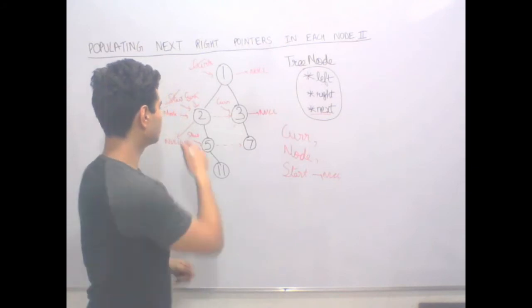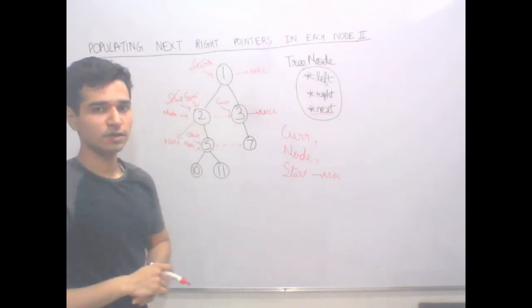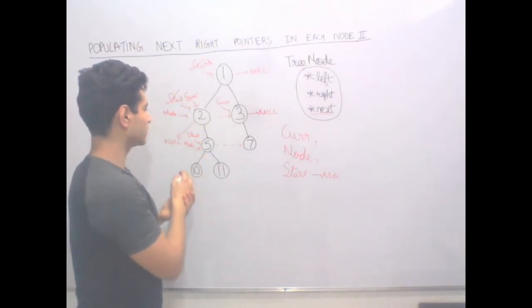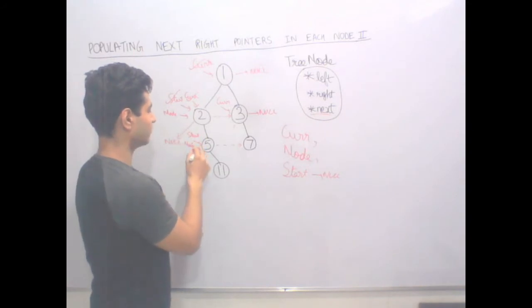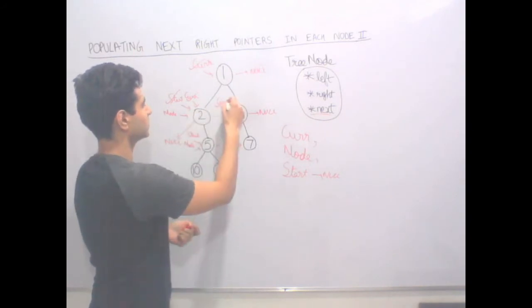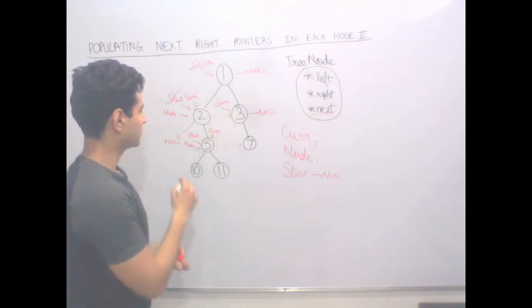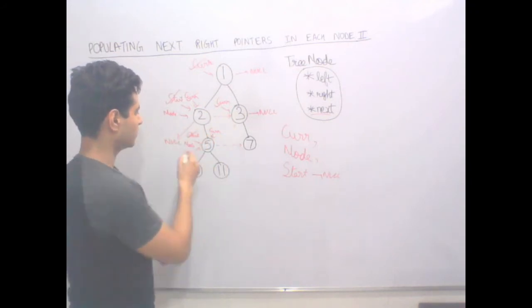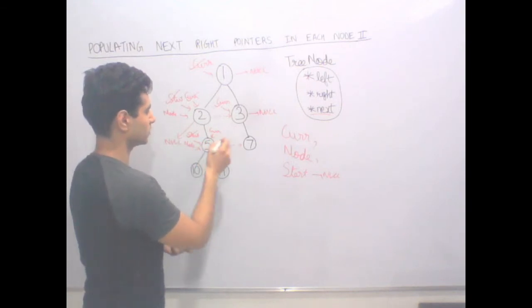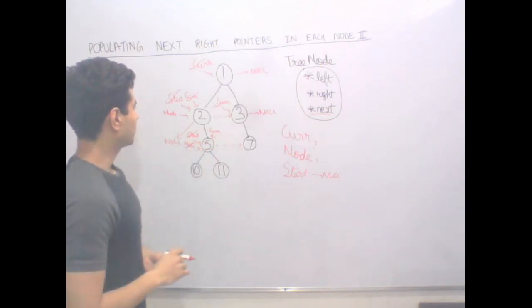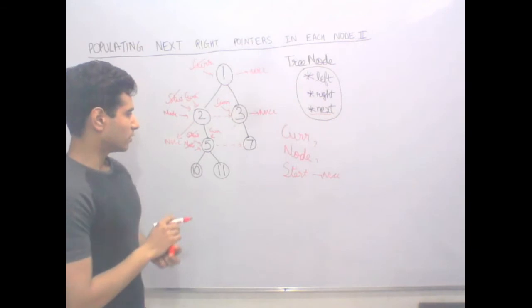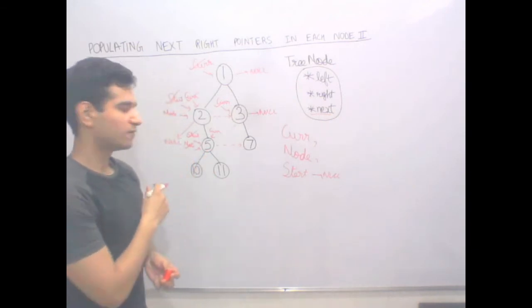Then we will again go to the next node at this level, which is at 5. So now this is done. Current is now at 5. Start at this node is done, and this also is done. So now we'll see if 5's left does exist.